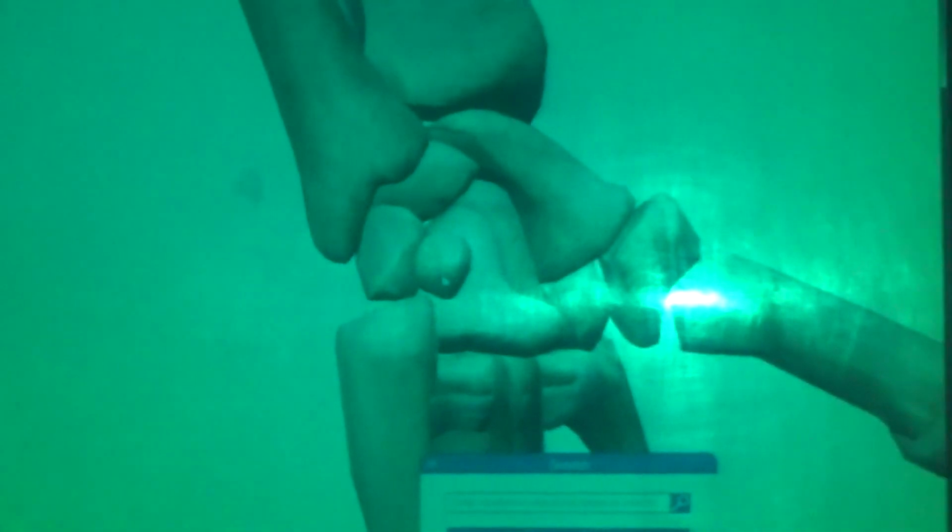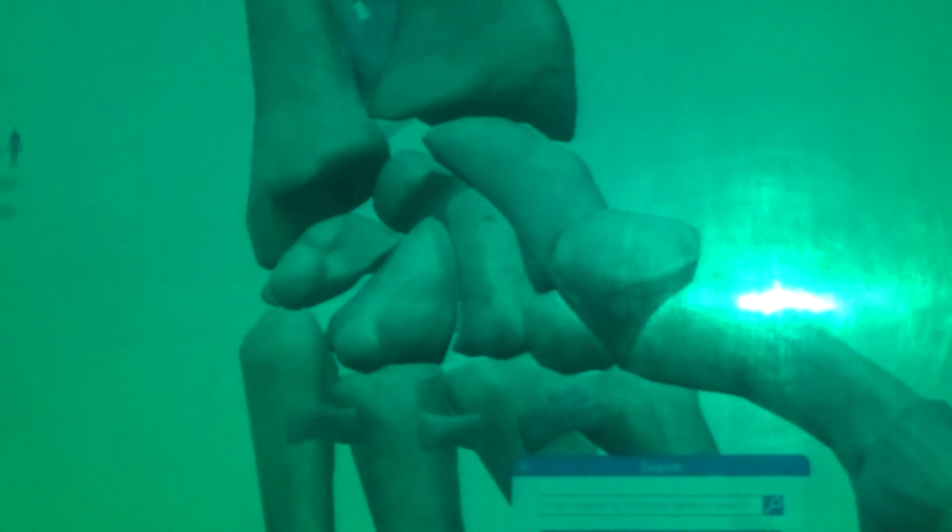Look at this very small bone. This one is a separate bone. If you see from the front, 1, 2, 3, and this one is separate. 4 in the proximal row, and here 1, 2, 3, 4. Is it clear?